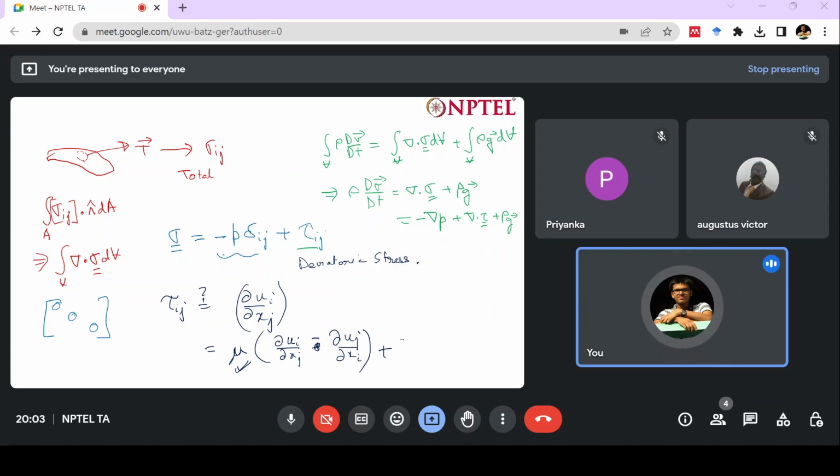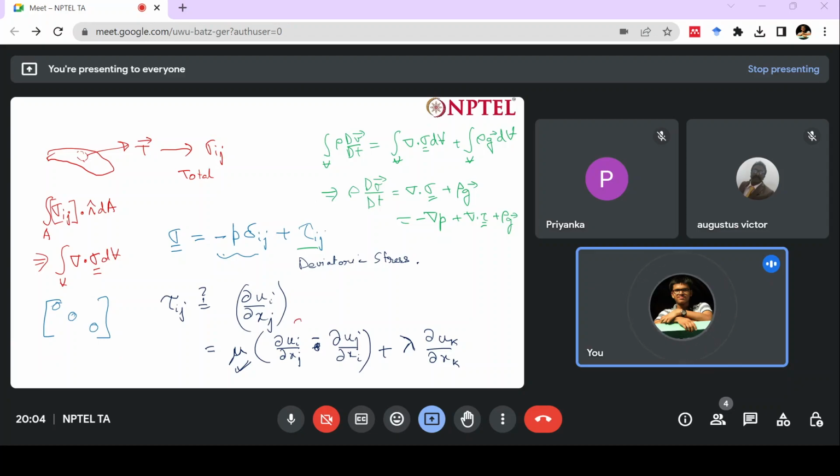Plus, we also have another term, which is generally important if we have compressible flows, where normal strains are important. That's what I wanted to say. So this is del uk del xk. These are the diagonal terms of the velocity gradient tensor, and the diagonal terms are related to your normal strains.